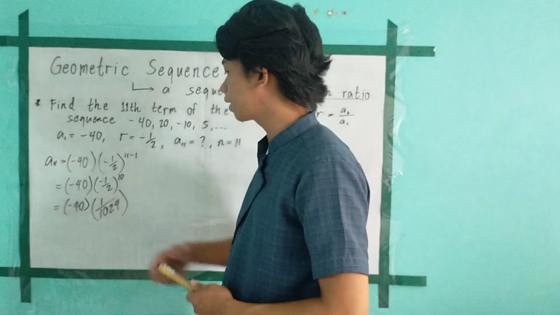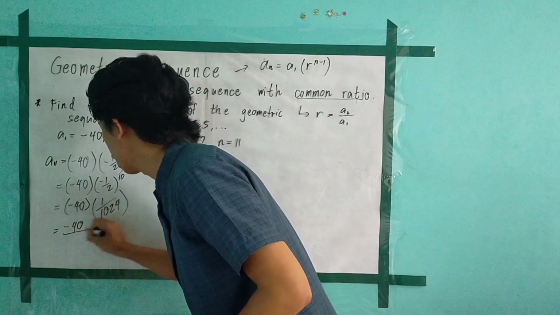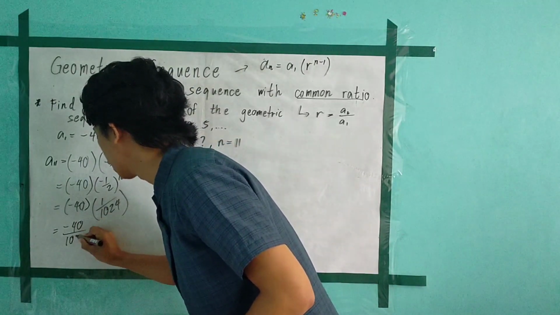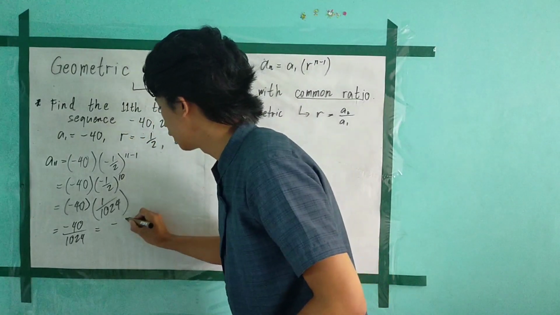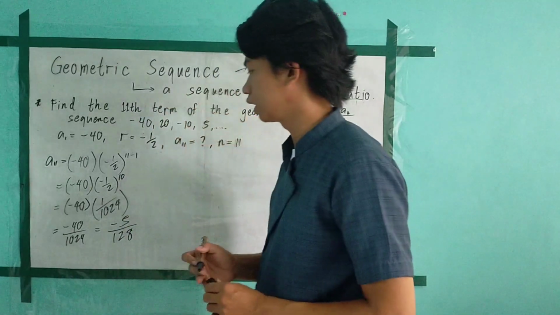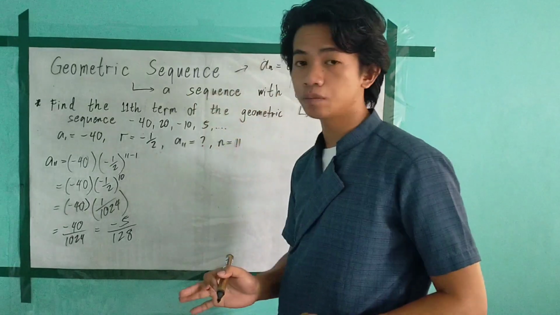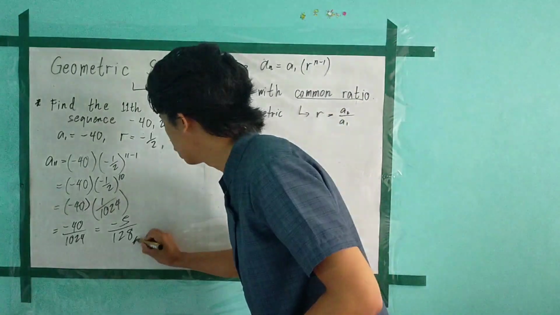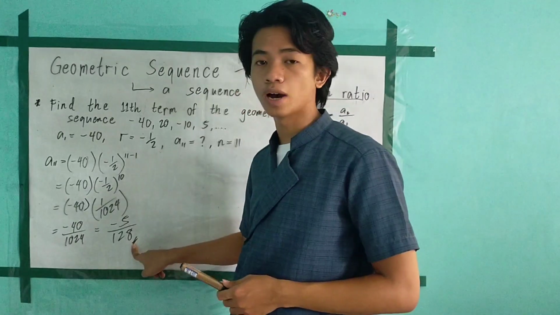Negative 40 multiplied by negative 1, we have negative 40 over 1,024. Equal now to negative 5 over 128. So, ang pang 11th term natin is equal to negative 5 over 128.